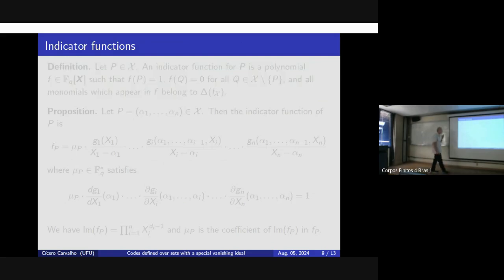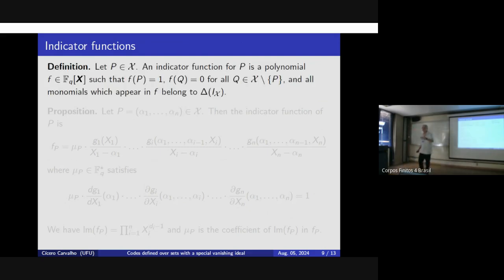Okay, to determine the dual, in the last eight years or so, there's a method that uses the so-called indicator functions of polynomials when you work with evaluation codes.